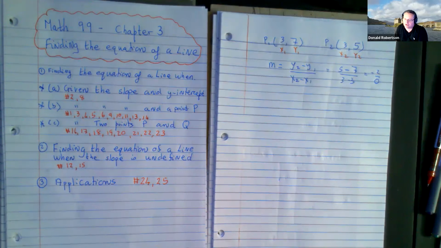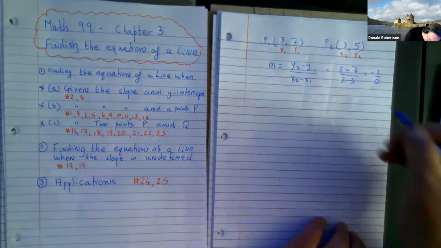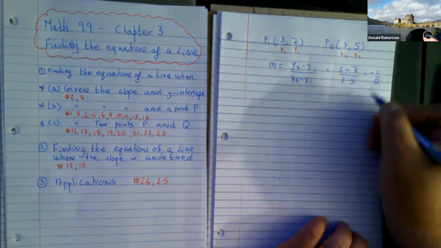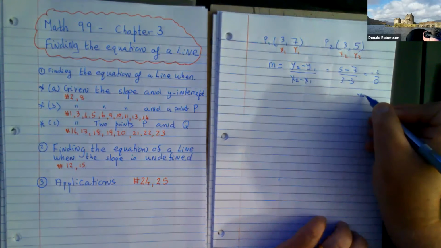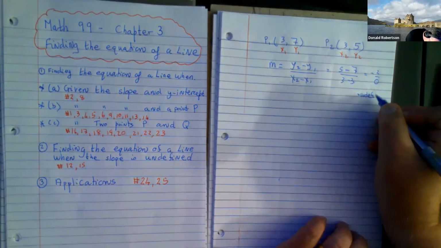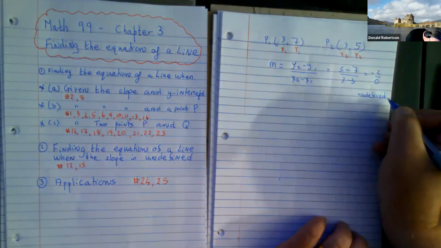Now, if it was 0 on the top and 2 on the bottom, the slope would just be 0, and we could use a formula. But it's not. It's -2 on the top divided by 0. Anytime you have a fraction where 0 is in the bottom, you're going to consider that as being undefined.